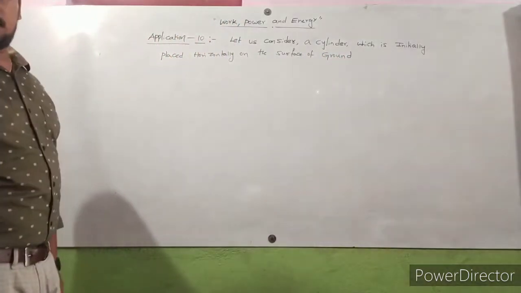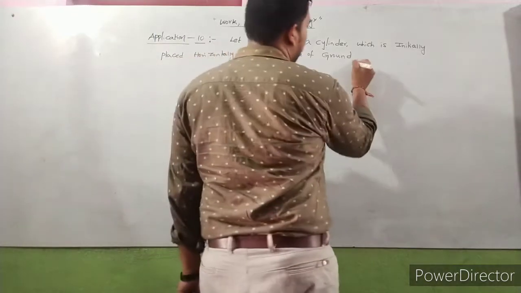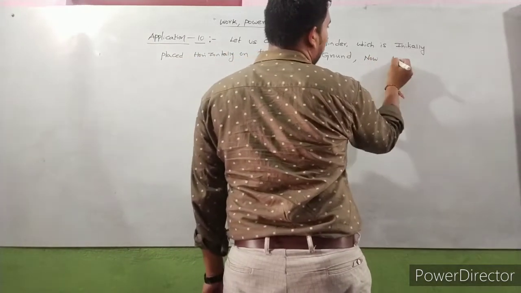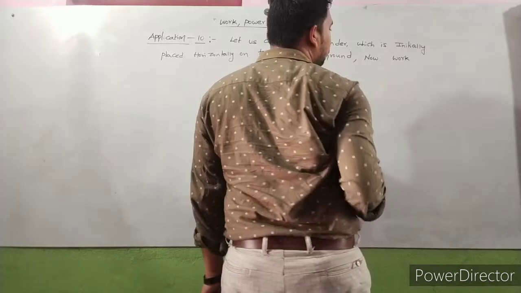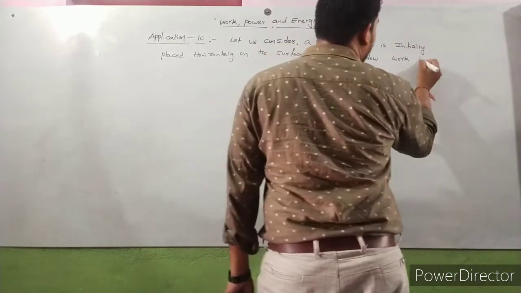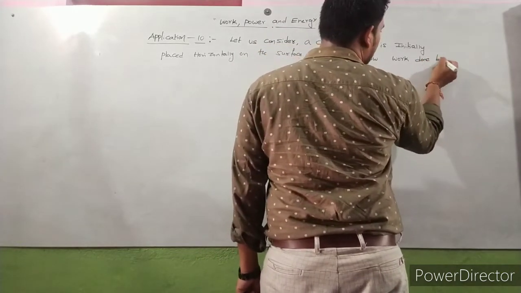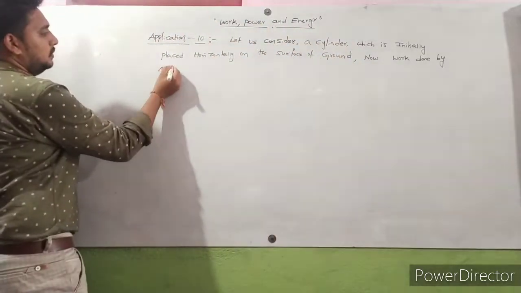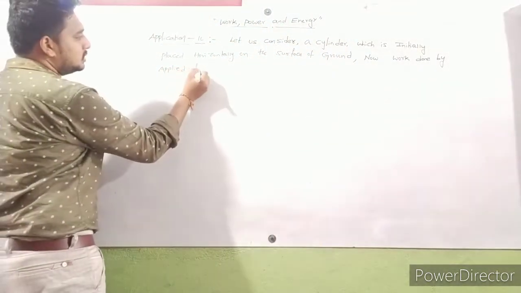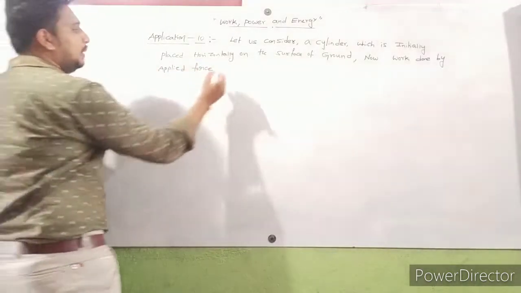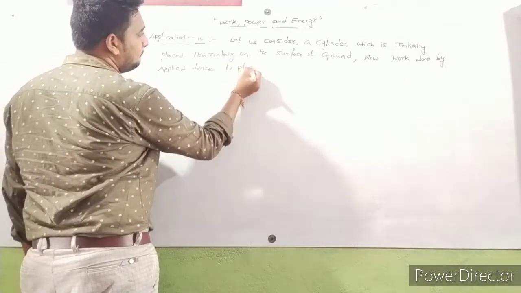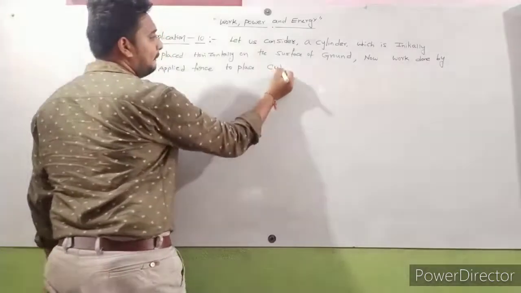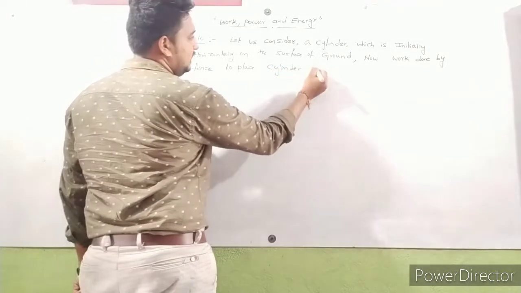Now find the work done by the applied force to place the cylinder vertically.